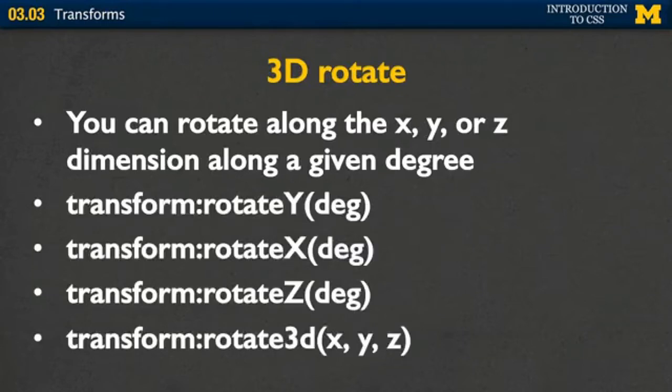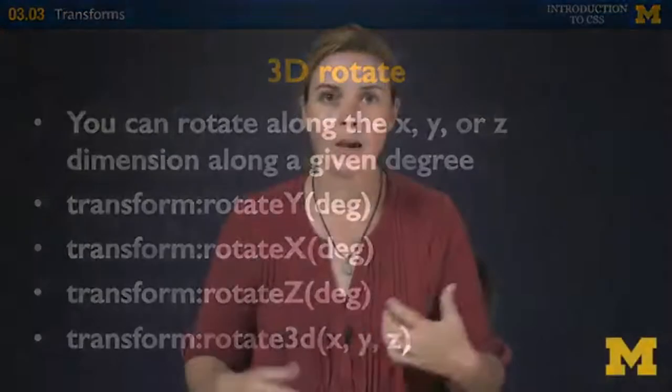So if you wanted to use a 3D rotate, your options now are transform rotate y, how many degrees, rotate x, rotate z, or you can actually say rotate 3D and give it numbers along every single dimension. I rarely use the 3D dimensions, but we do have the options. We have the rotate, we have the scale, and we have the translate. And they can really do some really interesting things with how you want your elements to look.